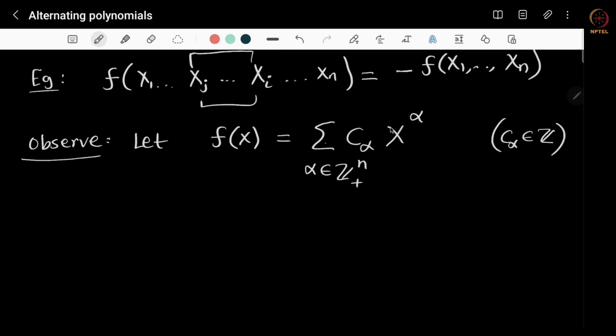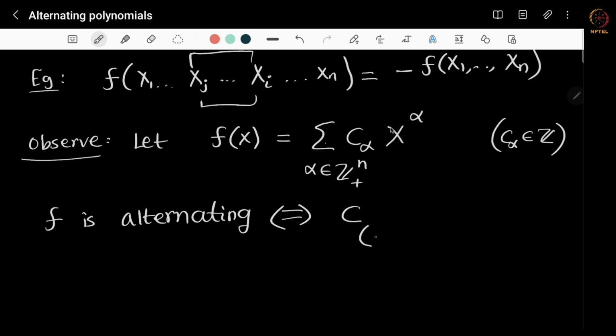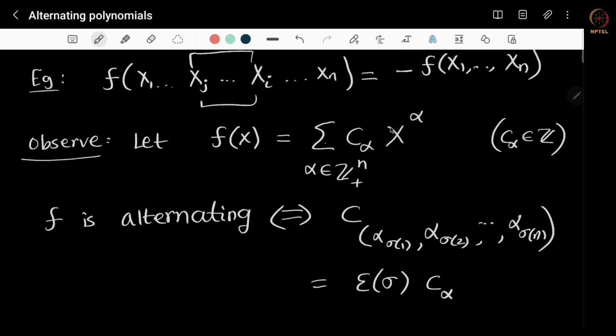Now when is f alternating? Then f is an alternating polynomial if and only if the coefficients bear the following relation: the coefficient of the multi-index alpha sigma 1, alpha sigma 2, ..., so if I permute the entries of the multi-index alpha, this should give me, up to a sign, the sign of sigma times the coefficient c sub alpha.